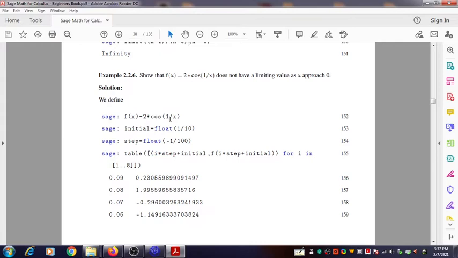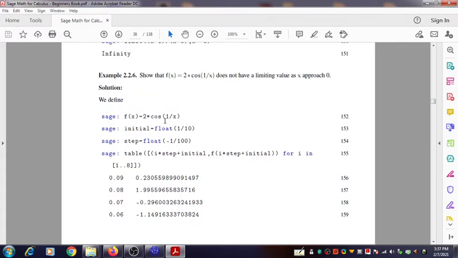Then, analyzing the nature of the variation of the function values, we decided the limit. The same procedure can be applied in this problem also.